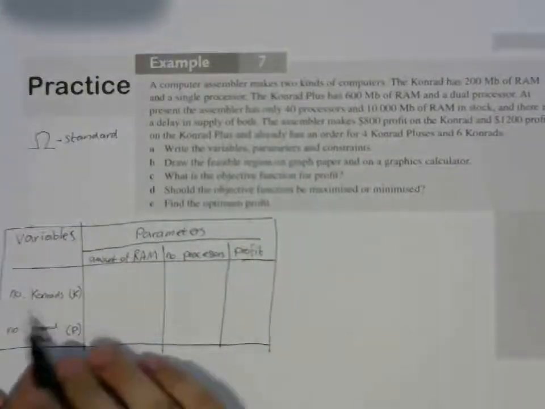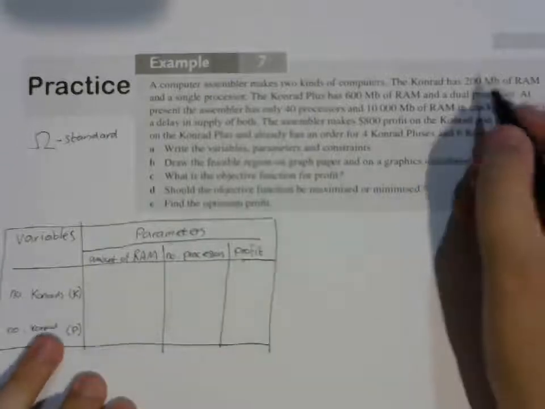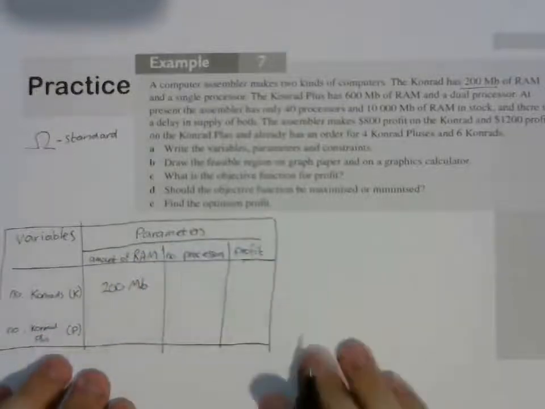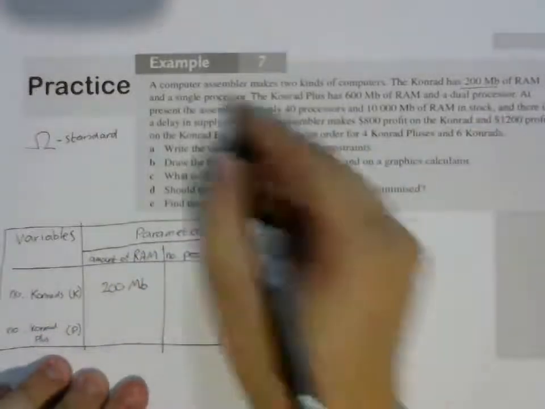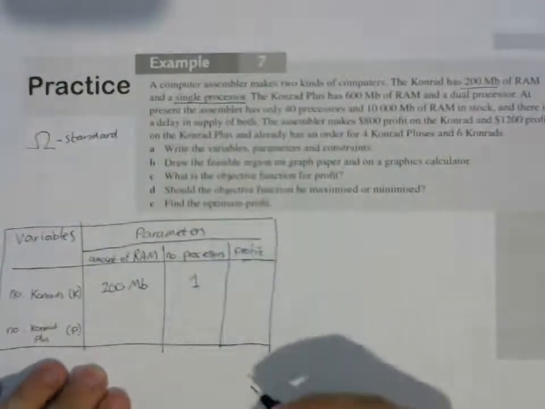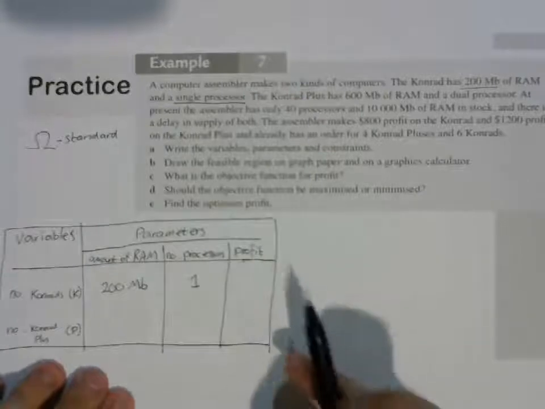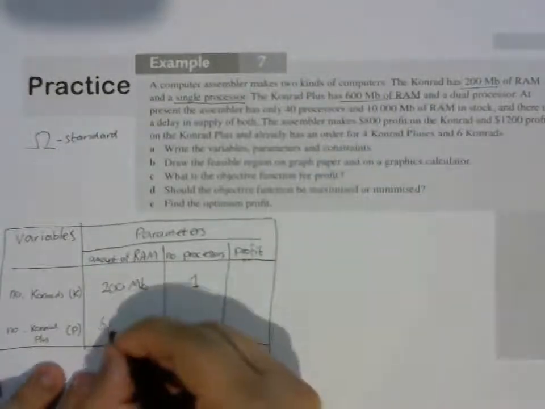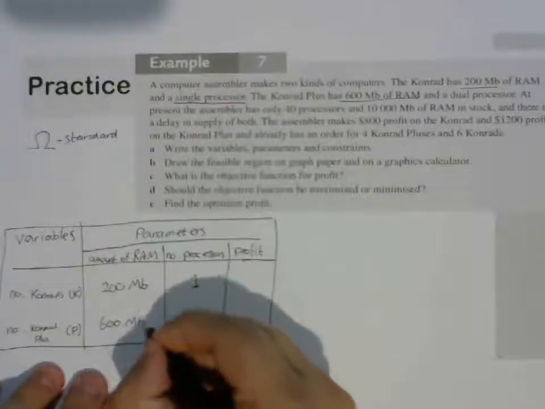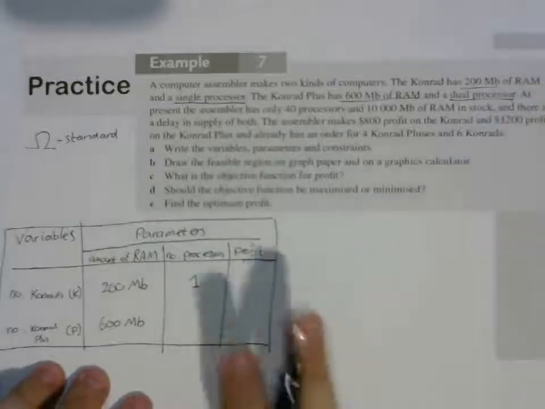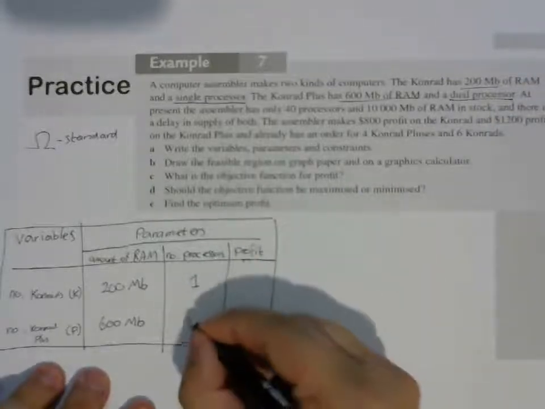Okay, the Conrads have 200 megabytes of RAM. The Conrads have a single processor, so they have one processor each. The Conrad Plus has 600 megabytes of RAM. And the Conrad Plus has a dual processor, so that means two processors in one.